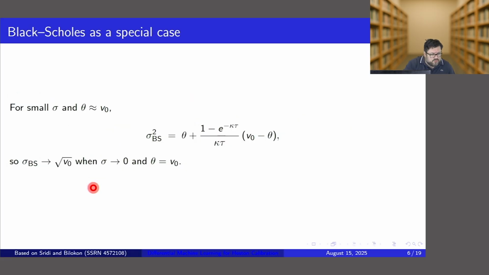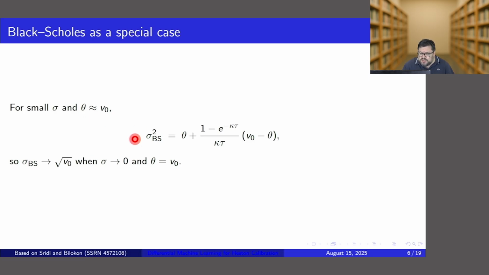Now, of course, we look at Black-Scholes as a special case. We recover Black-Scholes. It's quite helpful to see Heston in relation to Black-Scholes in a limiting regime, and this provides intuition about label behavior. For small sigma and for theta approaching v0, the model's implied variance tends to the Black-Scholes variance.